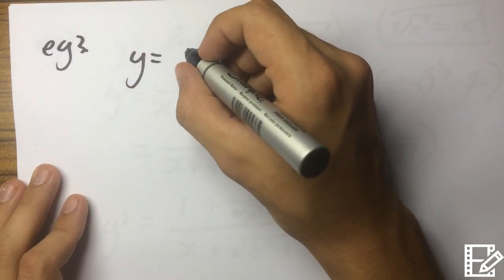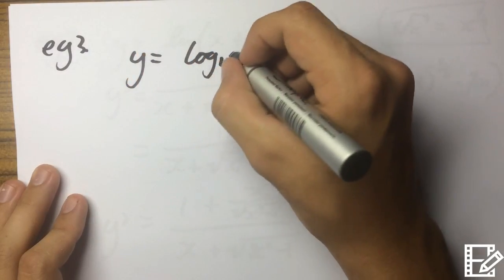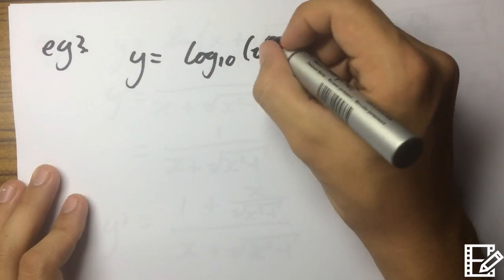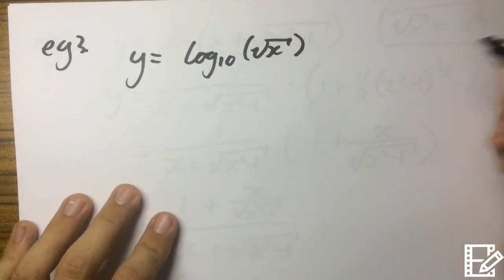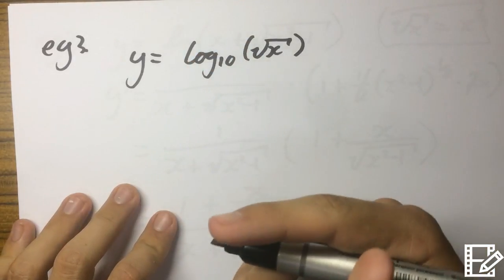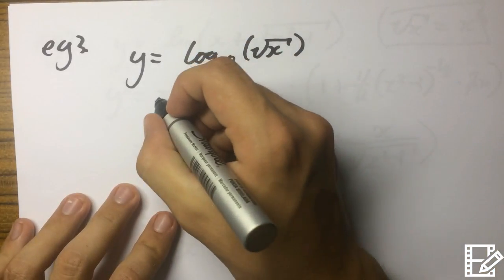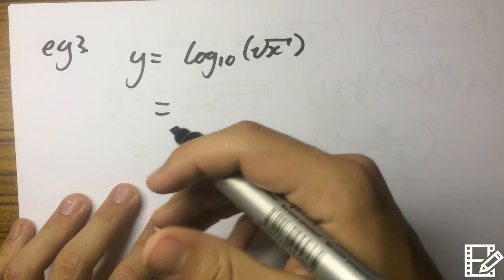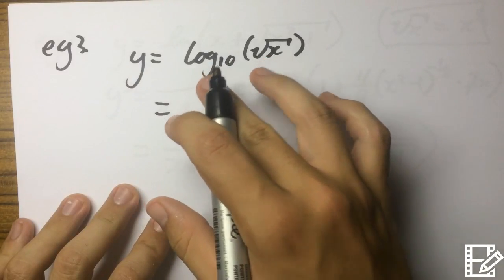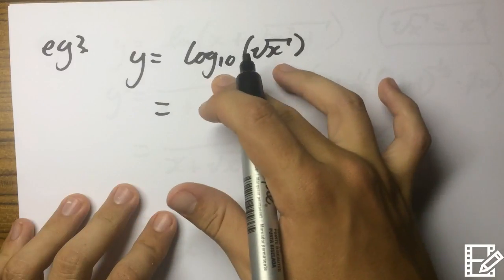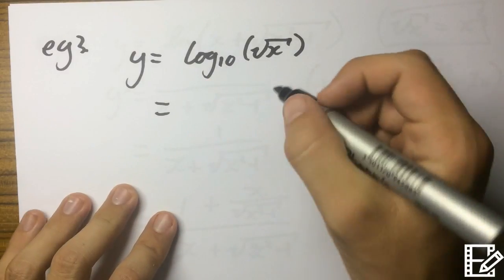So now we have y equals log base 10 of square root of x. Now, I'm just going to use a bit of log laws just to get it down first, because most people like to deal with this problem using natural logs, or it's just easier sometimes, and I'm going to show you how to do that.